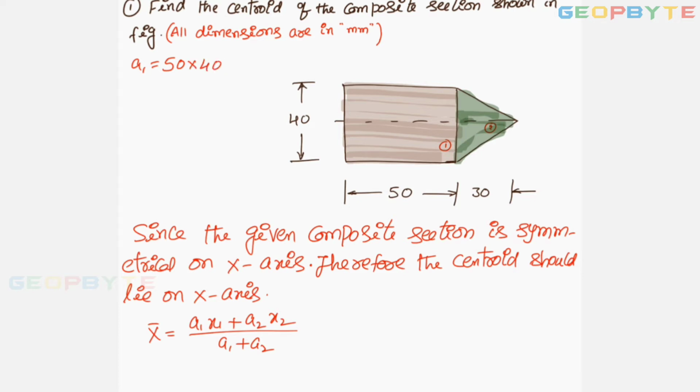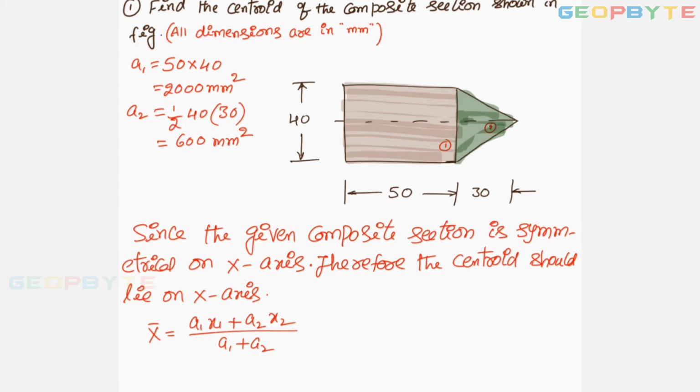You simplify it, it is around 2000 millimeter square. A2 equal to, section 2 is a triangle, half into base 40, height 30. Simplify this value for getting A2 equal to 600 mm square.